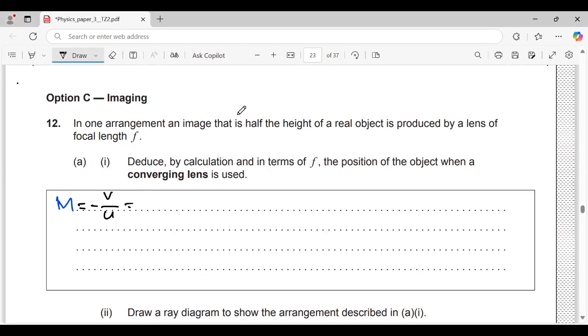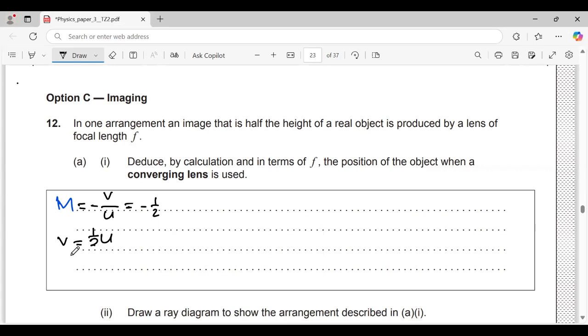And it's equal, according to this information, to minus half. So the implication is we can write another equation: v, the image distance, equals 1/2 times u, the object distance. u is the object, v is the image.